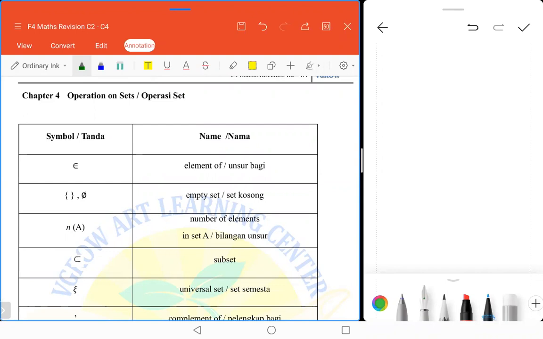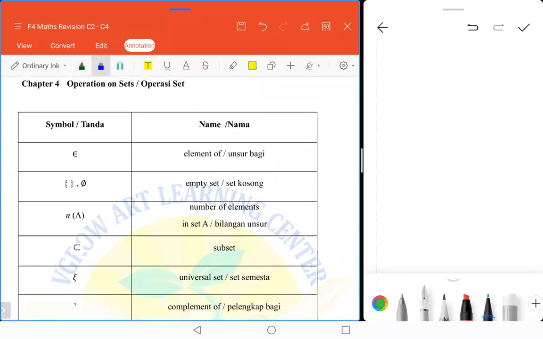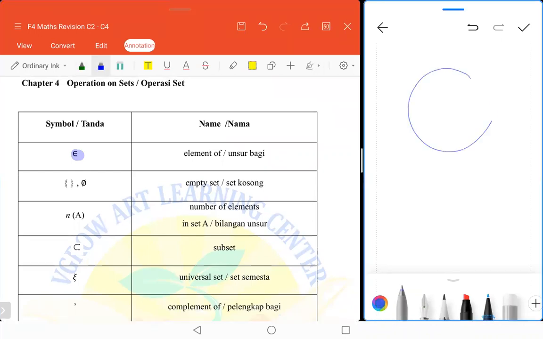So chapter 4, operations on sets, is a continuing topic from Form 1. In Form 1 we learned about all the symbols here. The symbol ∈ means element of, member of. Example, this is the set. We have elements 2, 3, and 4.